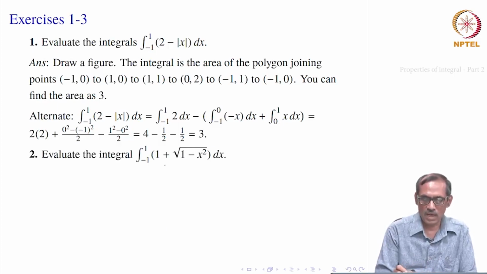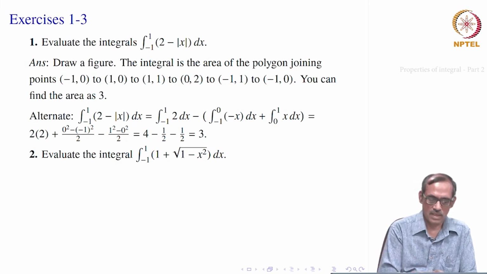Now, for this integral from minus 1 to 1 of 1 plus square root of 1 minus x square dx, the square root of 1 minus x square we do not know how to integrate right now, but you can use the argument as we have done earlier, thinking of what this curve is and whether you know its area geometrically.